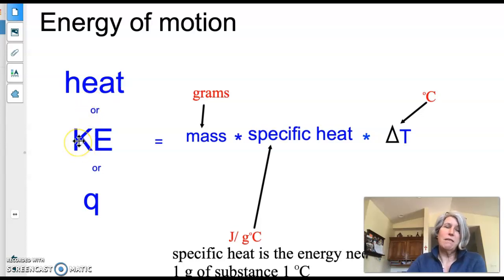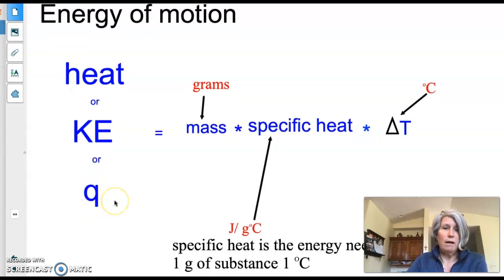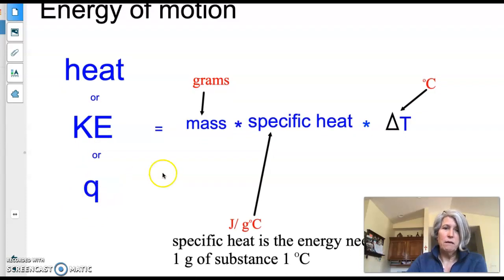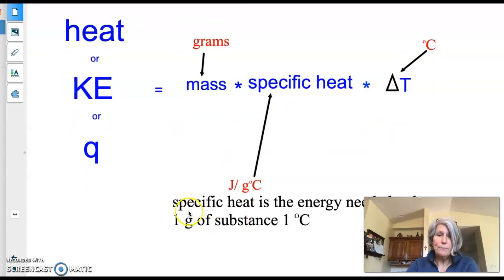So we can say that the kinetic energy is equal to the heat, and remember, we can represent that as Q. And this Q equation is known as Q equals the mass times the specific heat times the delta T. And the specific heat is defined as the energy needed to heat 1 gram of substance 1 degree C.